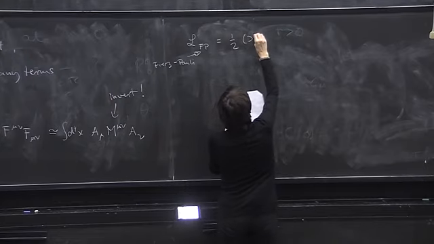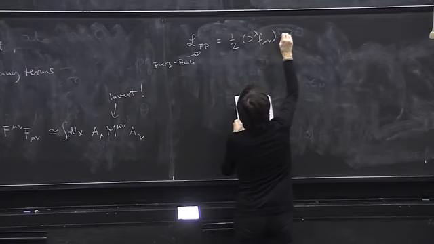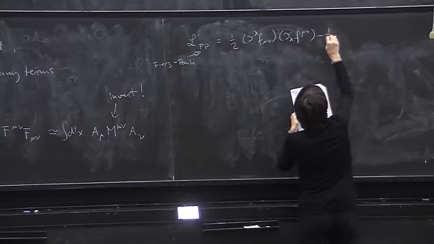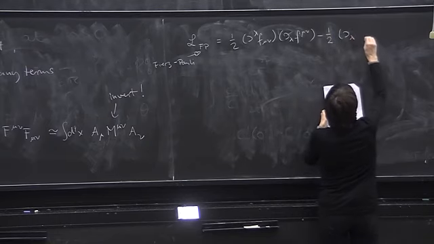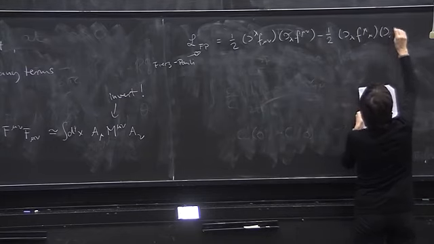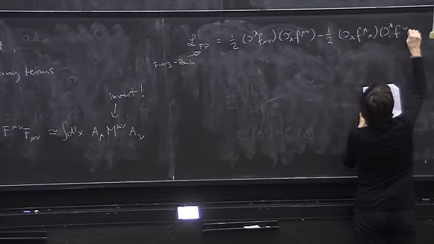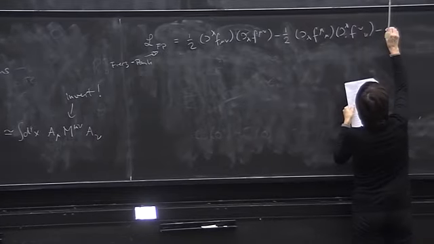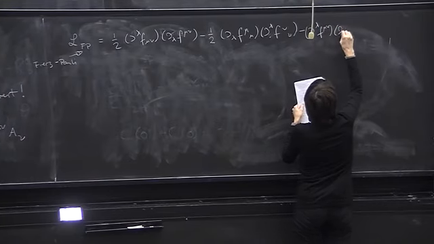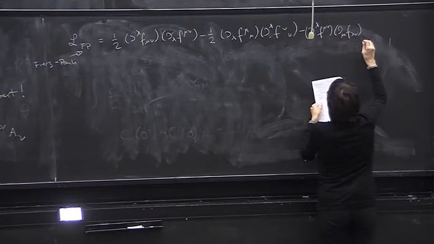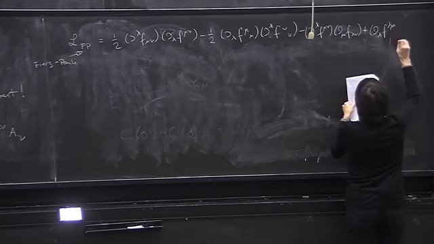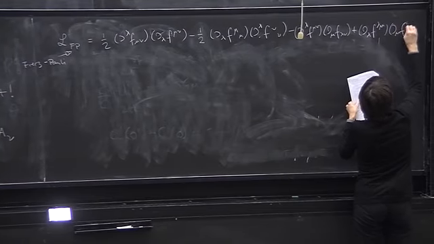It's quadratic in the derivatives of the f's: ∂_lambda f_mu_nu ∂^lambda f^mu_nu, minus 1/2 ∂_lambda f^mu_mu, the trace, ∂^lambda f^nu_nu, minus ∂_lambda f_mu_nu ∂^mu f^lambda_nu, plus ∂_lambda f^lambda_mu ∂^mu f^nu_nu.